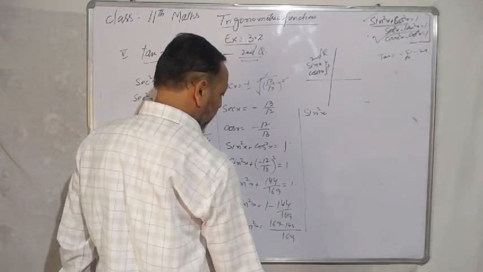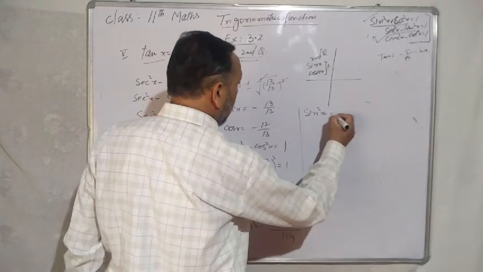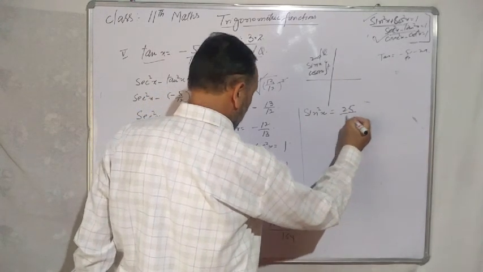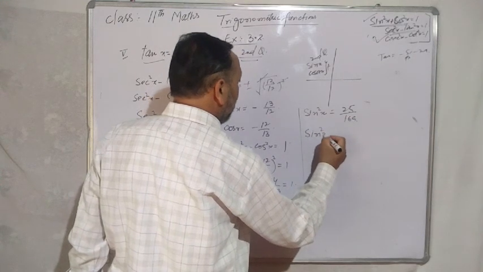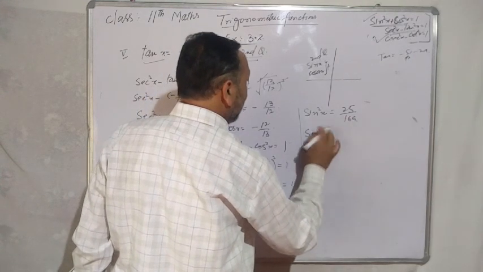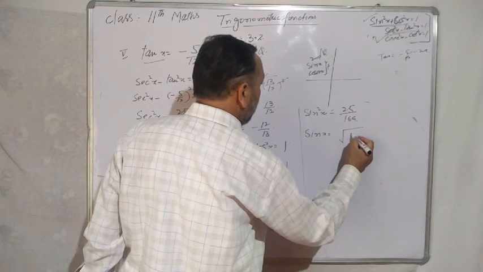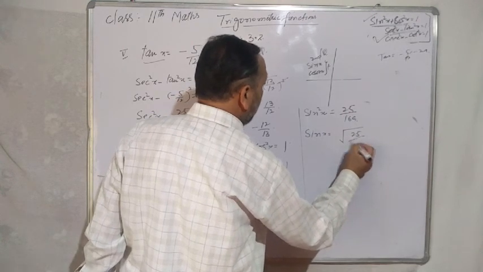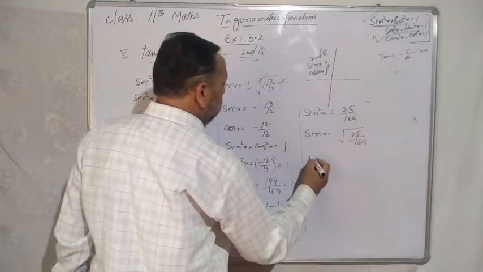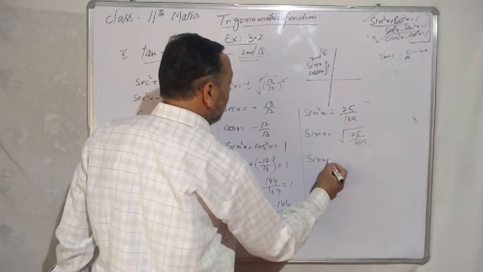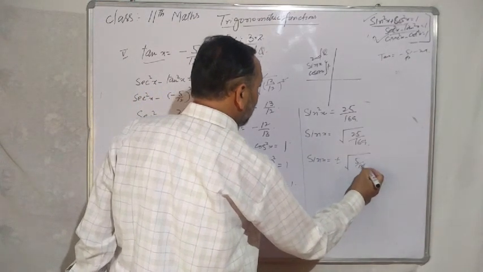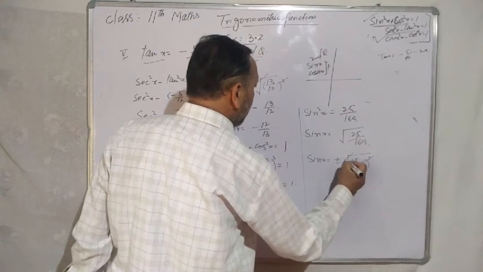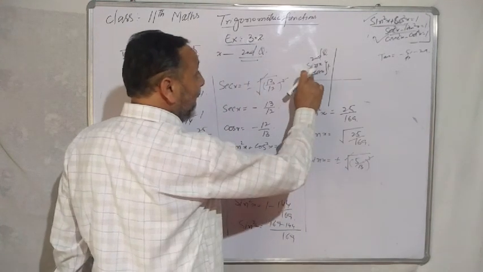It is 25 over 169. Sine square x is equal to 25 over 169, and sin x is equal to plus minus root of 5 by 13 whole square. Square and root cancel.